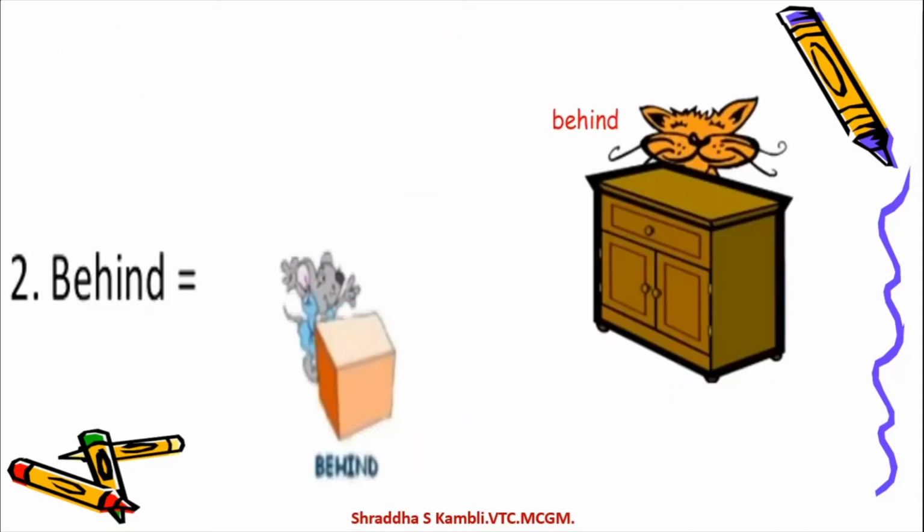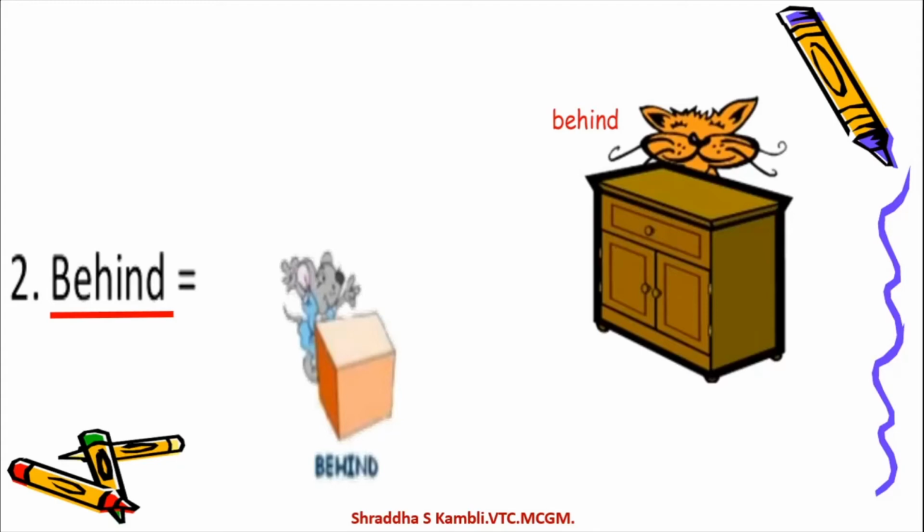Alright, so look at this. This is one more direction that we talk about. Like we say left, we say right, we say in front of, we also say behind. Okay, see in the first picture, there is a rat behind the box, and here there is a cat behind the storage space or the cupboard.